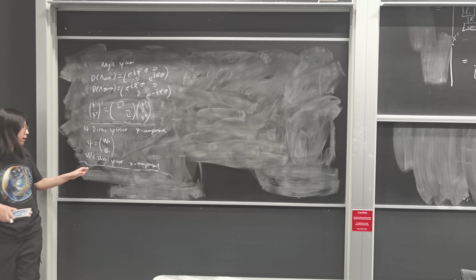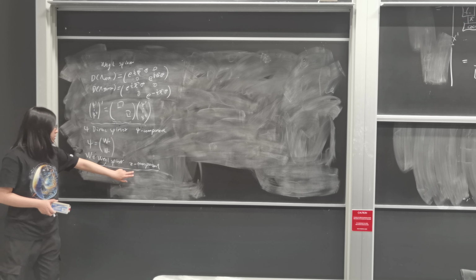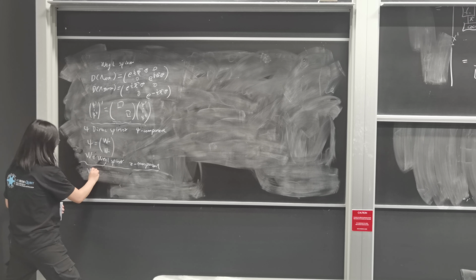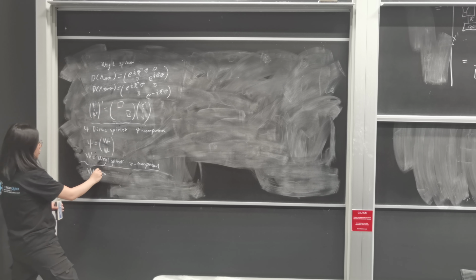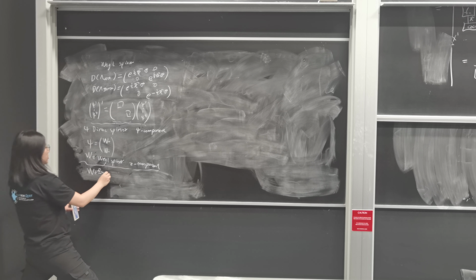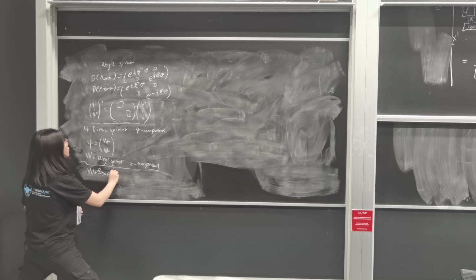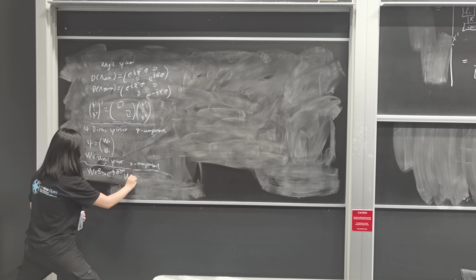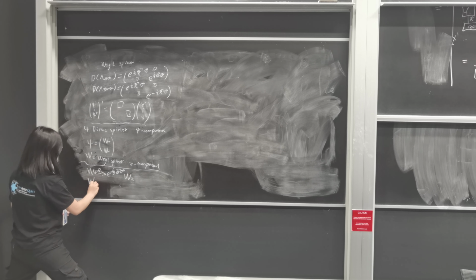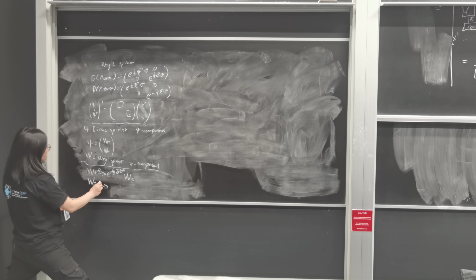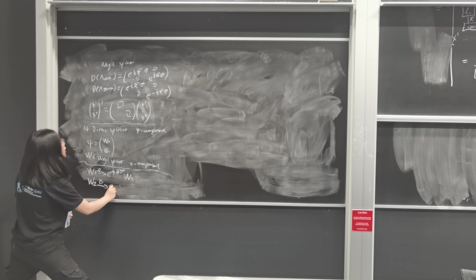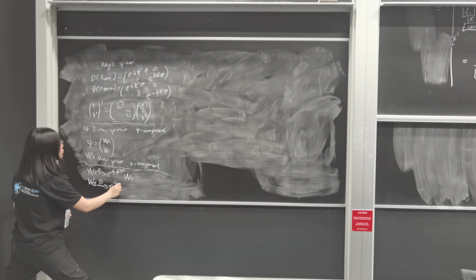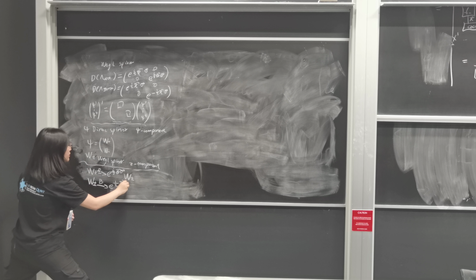So what can we have? The Weyl spinors in the Lorentz transformation can be written as, for W plus minus after rotation, it becomes e to the i over 2 theta sigma times W plus minus, and W plus minus after boost becomes e to the 1 over 2 chi sigma.